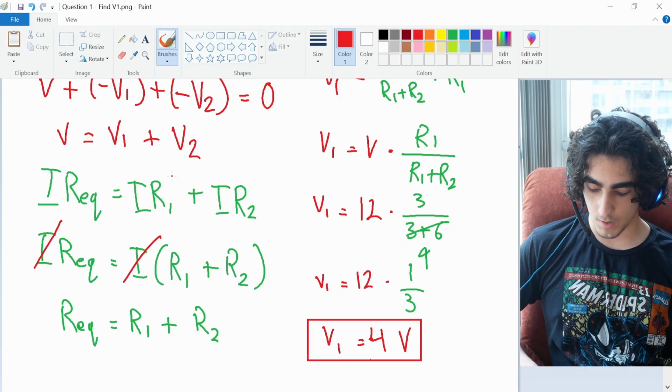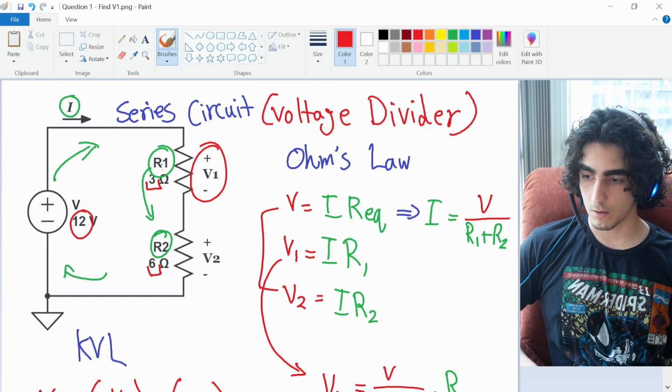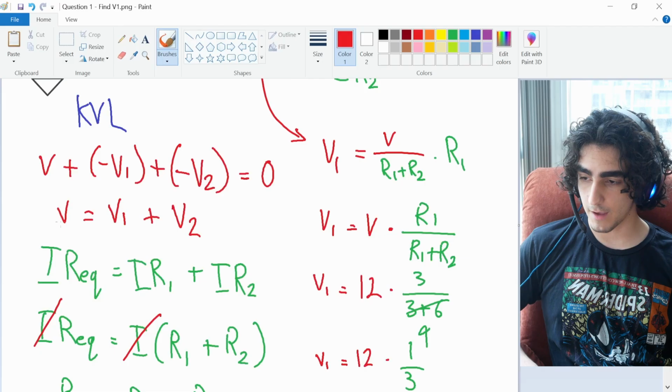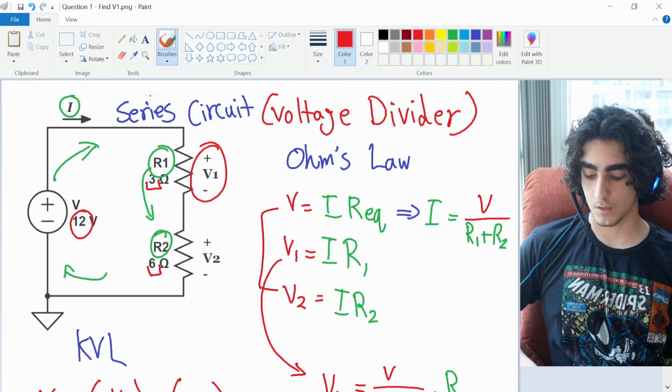So if you had resistor 3 down here where they were all in one line in a closed loop, it would just be R1 plus R2 plus R3. So you can skip that if you know for certain that you have a series circuit.